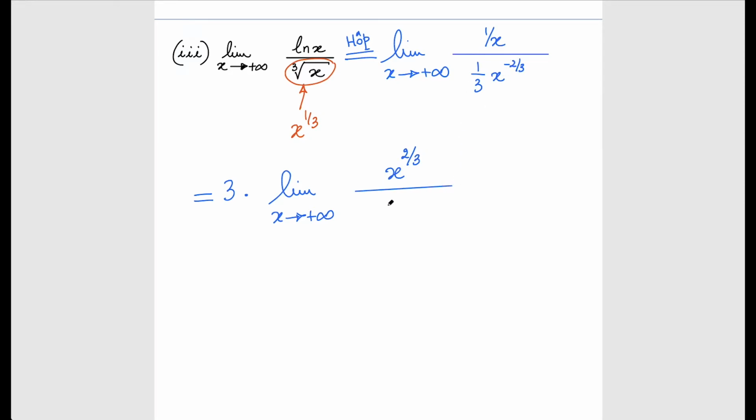And then that guy, x, is downstairs now, right? So this is the same as this. And how much is this? That's 3 times the limit as x goes to infinity of x to the power 2/3 minus 1, correct? 2/3 minus 1, because the power here is 1. And 2/3 minus 1 is minus 1/3.